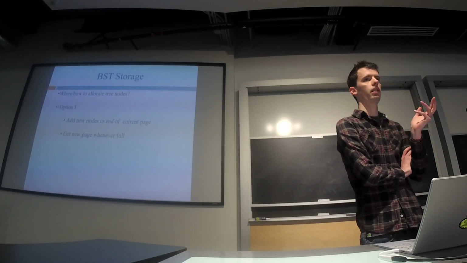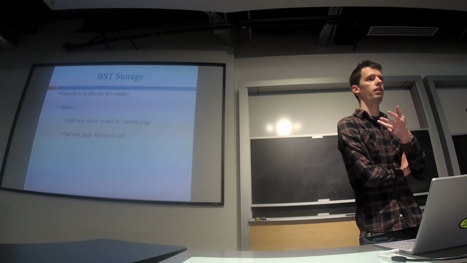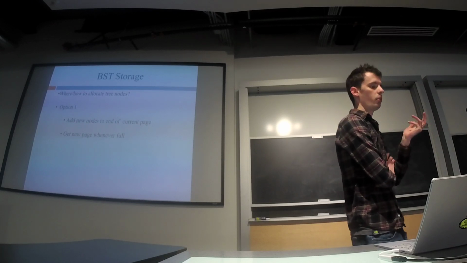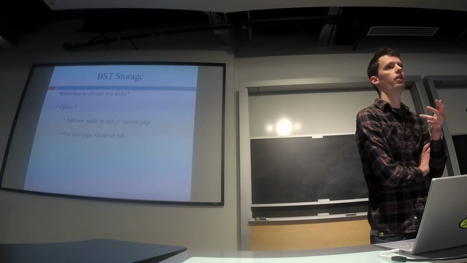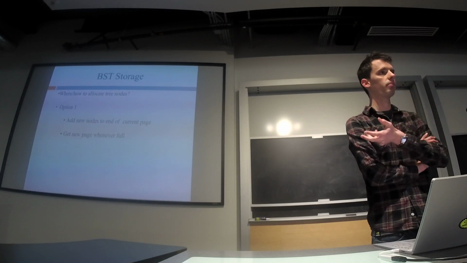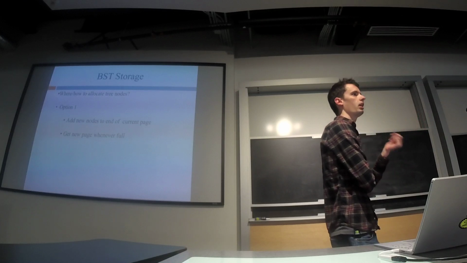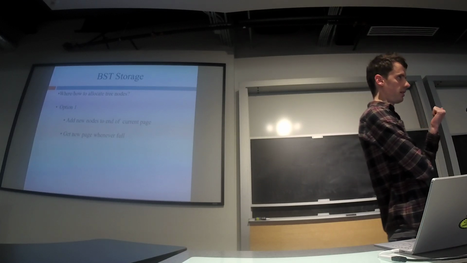Every time we insert a node into the tree, we need to essentially allocate a new node. In Java or whatever, when you're building your BST, when you need a new node, you just say new node. And that just gives you a node somewhere in memory. But we have to think about where we're putting this stuff on the disk.